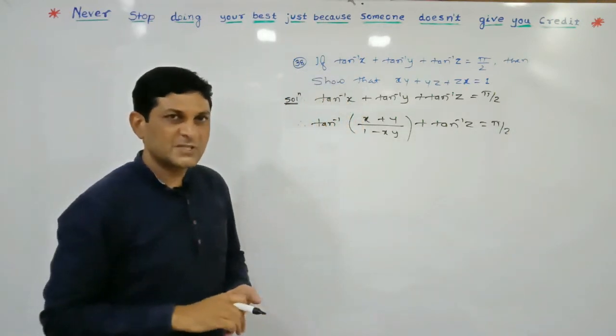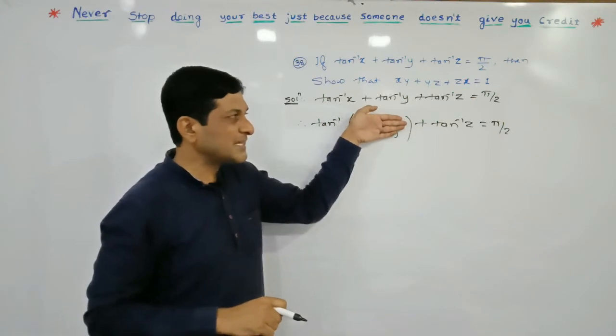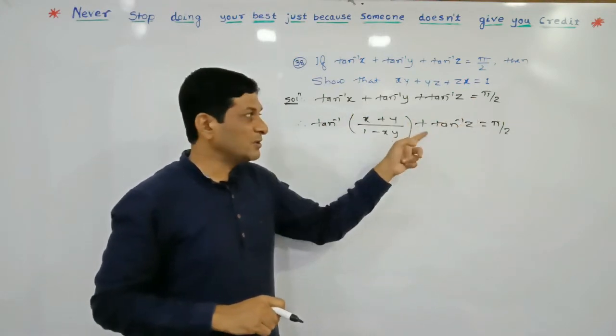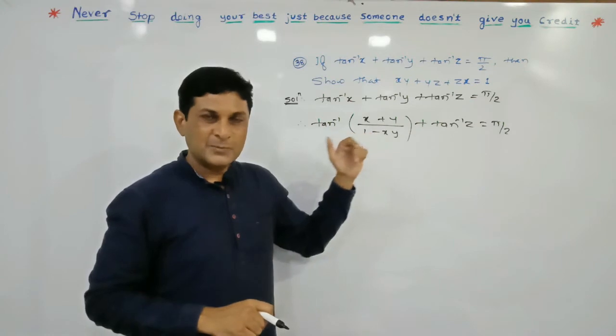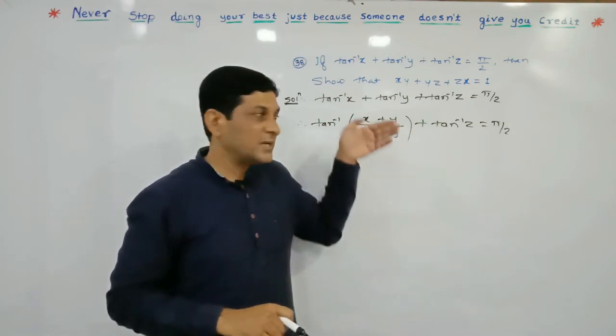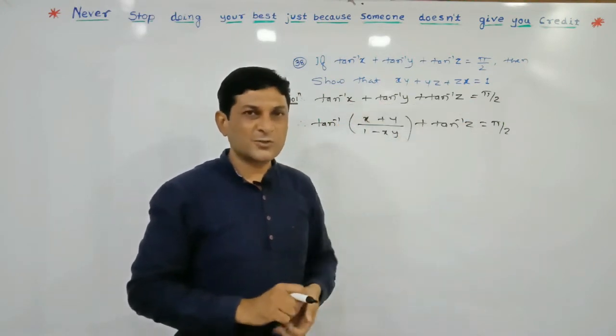Now again, if you observe here, consider this whole term as x and this term as y, and both terms are connected by plus. Means again we are able to apply the property tan inverse of x plus tan inverse of y.